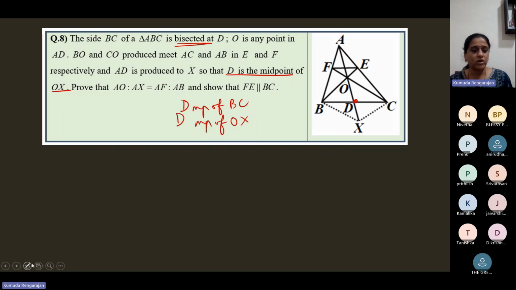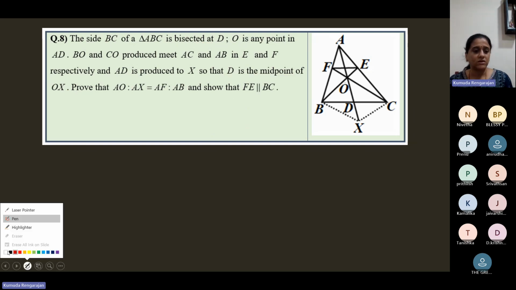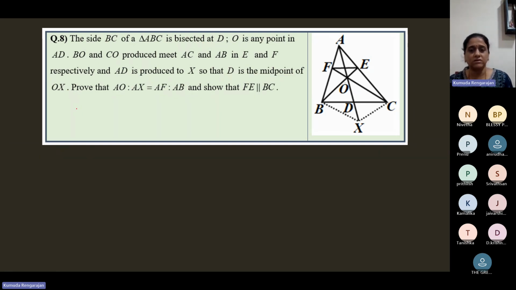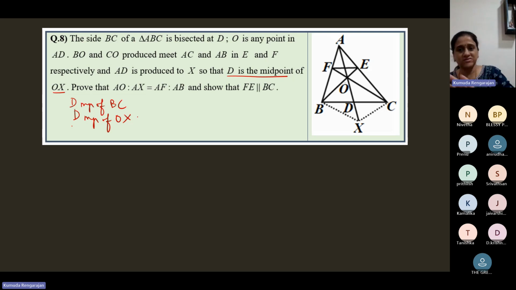So what you can write from this information is D is the midpoint of BC, and D is the midpoint of OX. The rest is what you see in the figure.